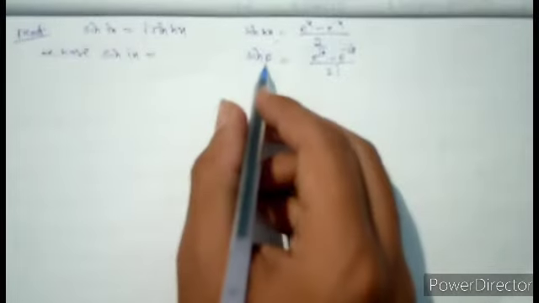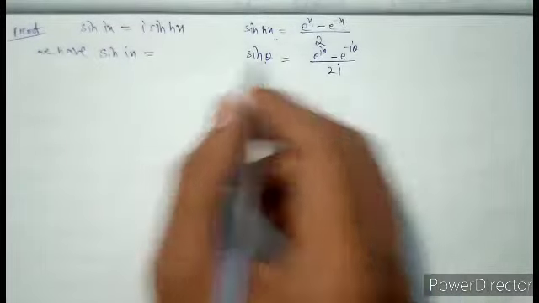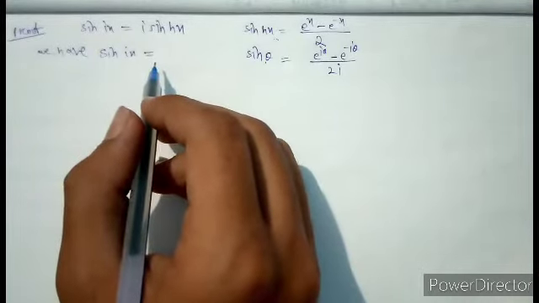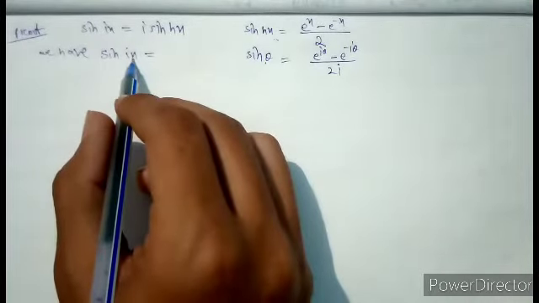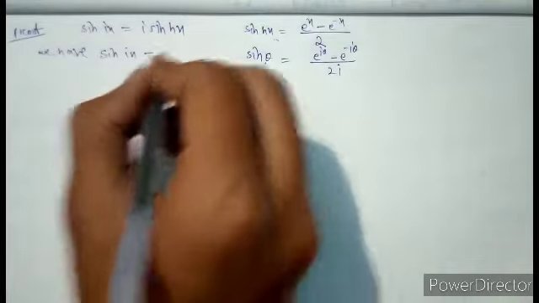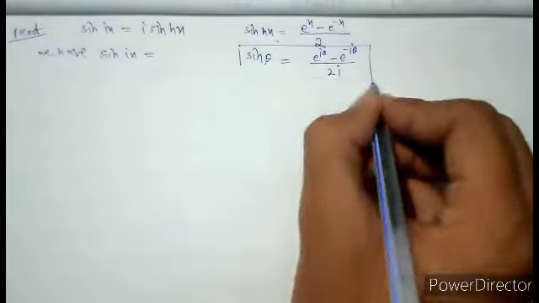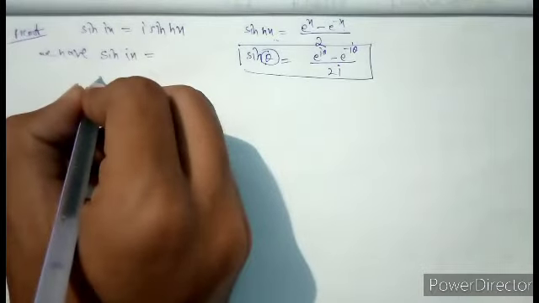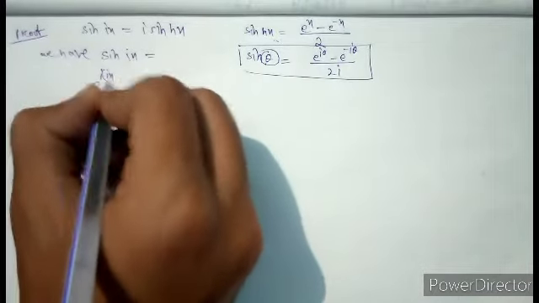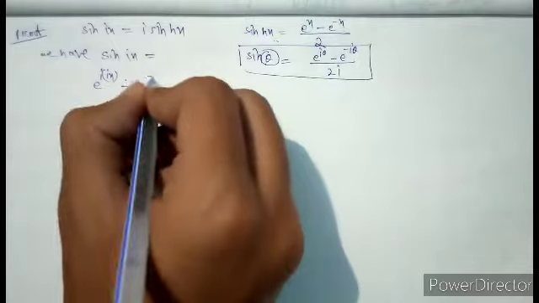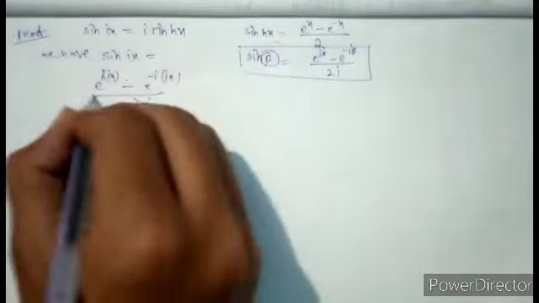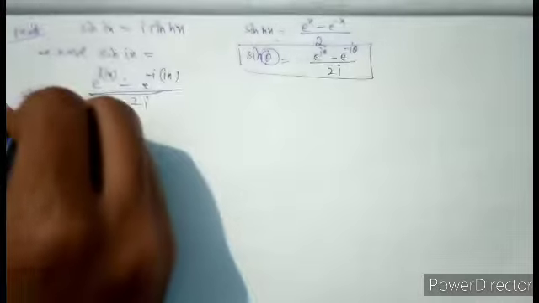Sorry, the earlier one is not the formula; this is the correct formula. So using this formula, in the place of theta we put ix. Then we can write (e to the power i multiplied with ix minus e to the power minus i multiplied with ix) upon 2i. That is sin ix.